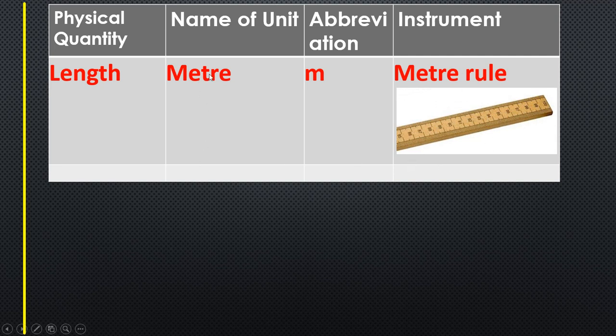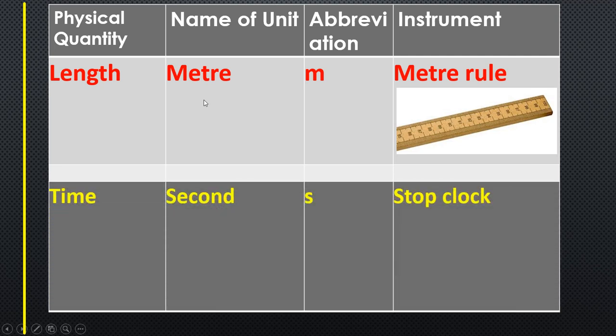I want to emphasize the unit of metre because sometimes it is misspelled. When it is a unit, it is written M-E-T-R-E, but when it is an instrument to measure something, then we write M-E-T-E-R. So for now it is a metre, which is a unit of length.